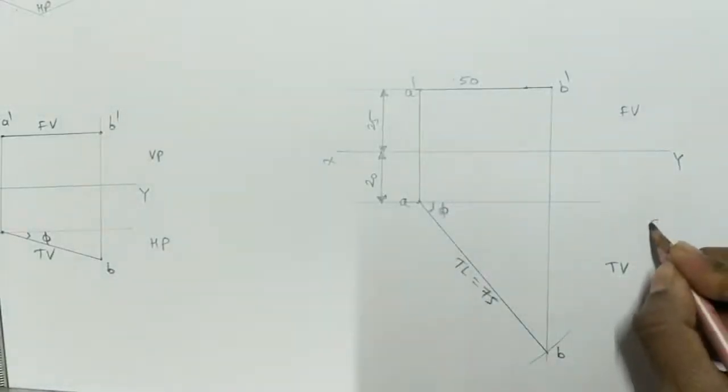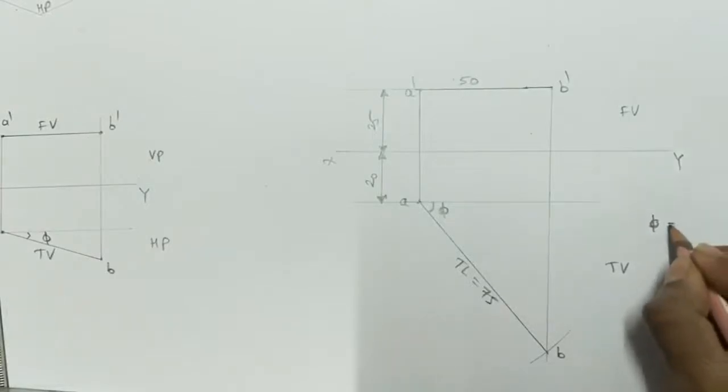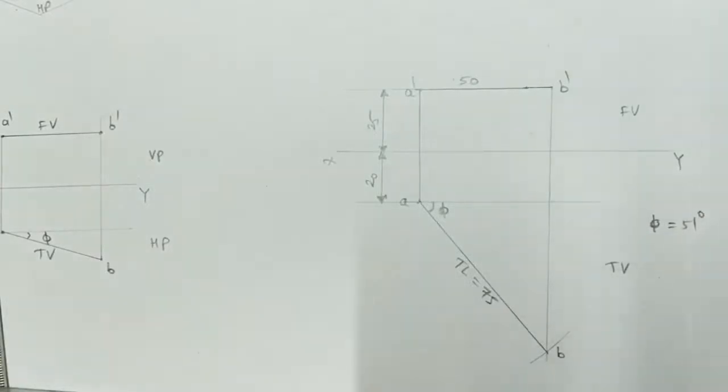So phi is nothing but 51 degree. So like this you can solve other examples.